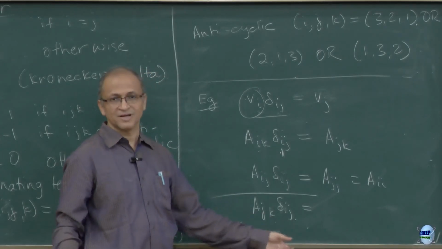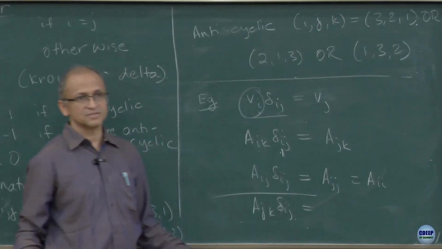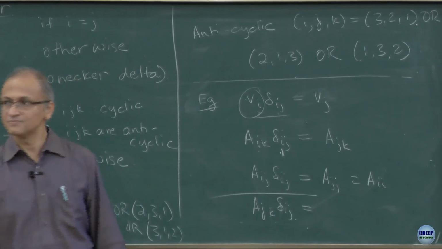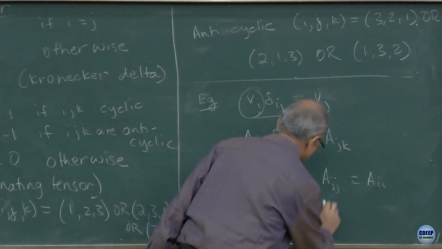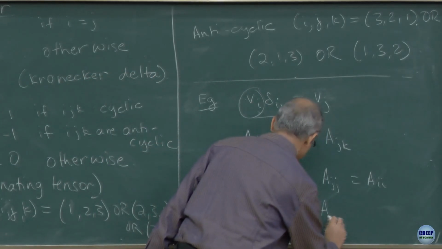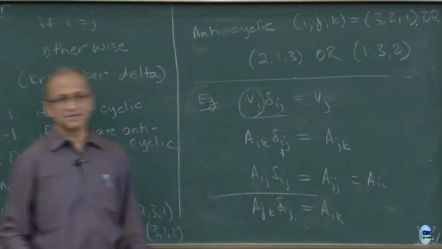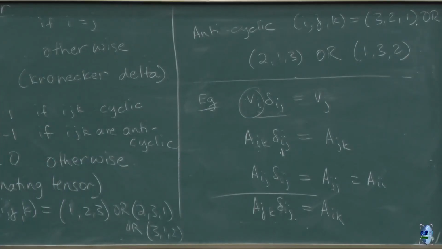So at the end, I should get something which has free indices i and k. That is very clear. Otherwise, the free indices have to match in an equation on both sides of the equation. All the free indices individually should match. Understood?